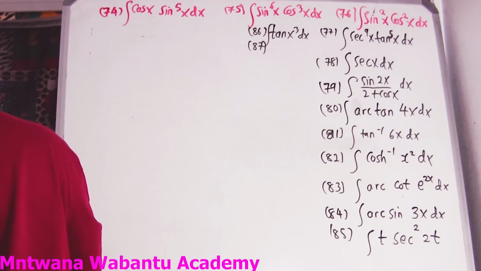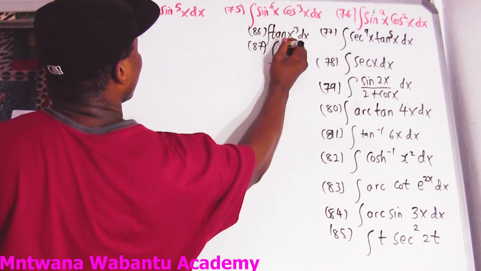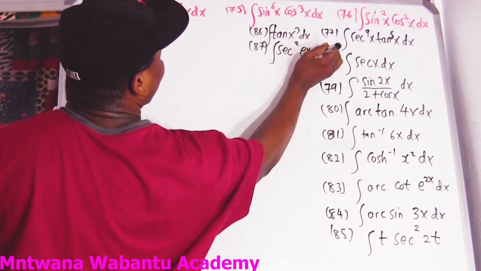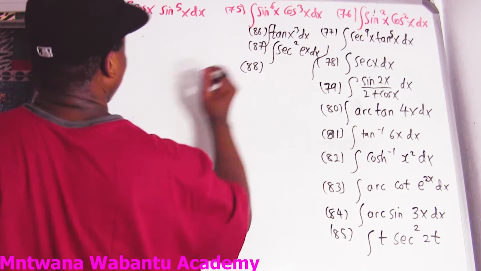So this question 87, integral sec squared e to the x dx. Now 88.